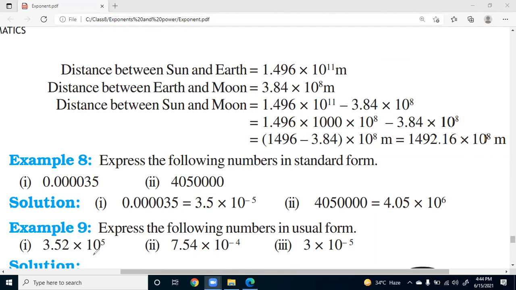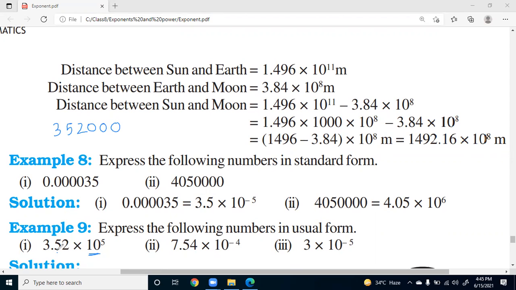If there are two digits after the decimal in 3.52, two zeros will help in moving the decimal out. So it is like 352. Then how many zeros remain? Two zeros will be utilized in moving this decimal out. Then three zeros will be there. 1, 2, 3.